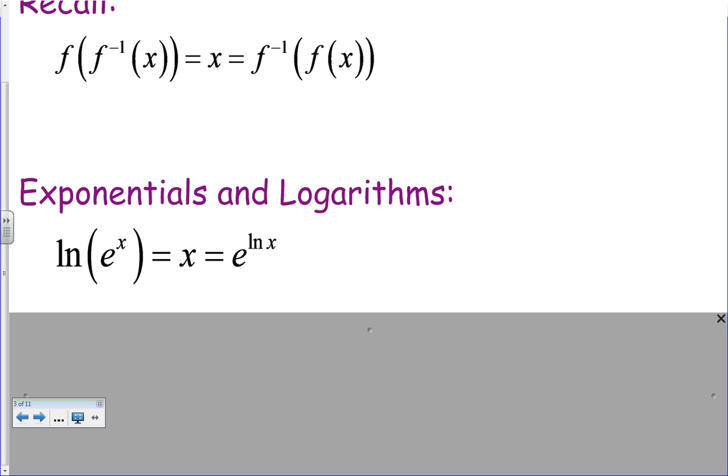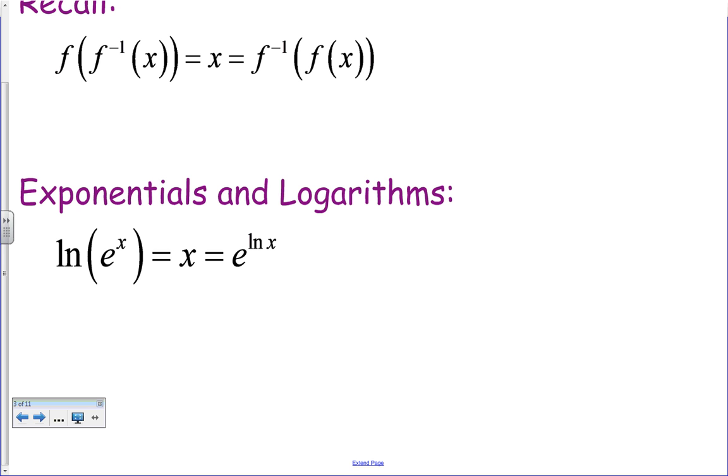That's just using the property we set up above: if you take the composition of a function and its inverse, you get the value you're plugging in, in this case x. And we can use that property, along with other properties of logs, to help us simplify problems before we have to find a derivative or an antiderivative, whatever the case may be.